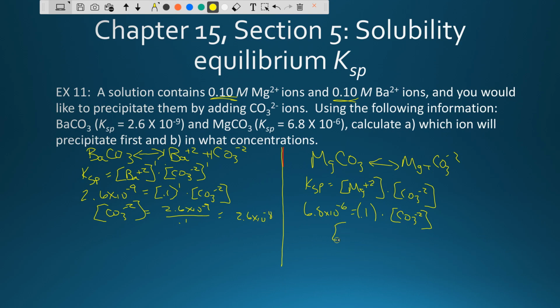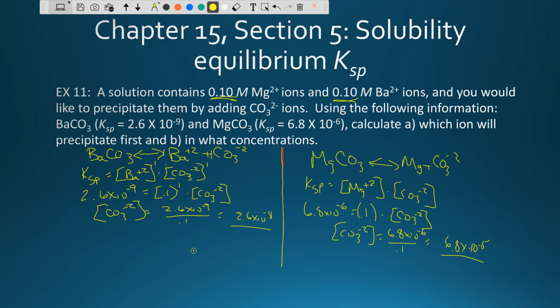And on this side, my carbonate is going to be 6.8 times 10 to the negative 6 divided by 0.1, and that's going to equal 6.8 times 10 to the negative 5. Okay, so what does this mean? I have 2.6 times 10 to the negative 8. I have 6.8 times 10 to the negative 5. Well, that means that my barium is going to precipitate out first.